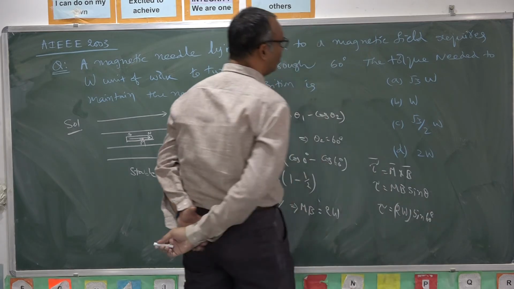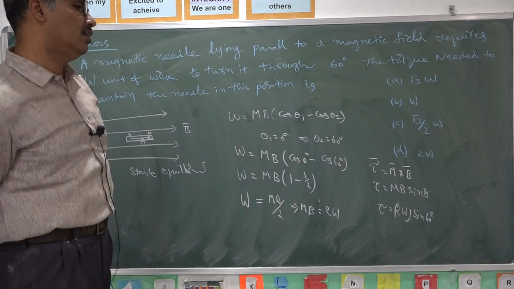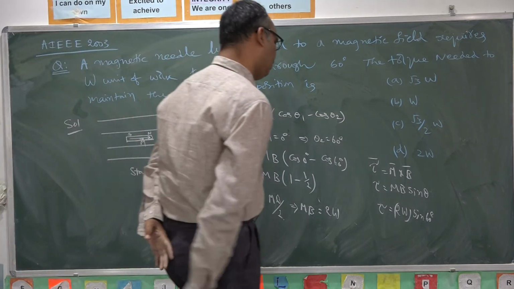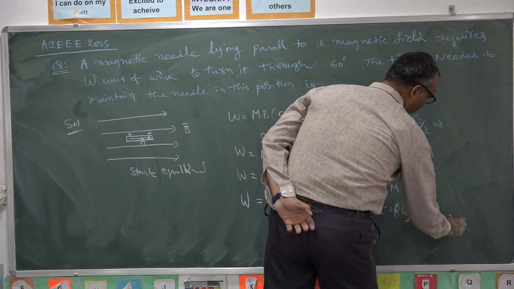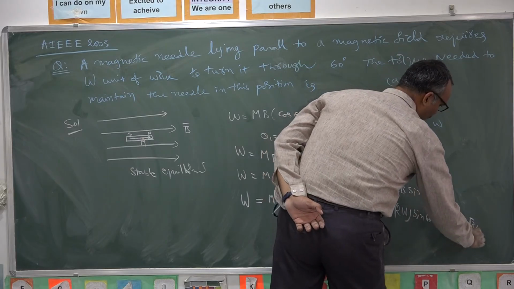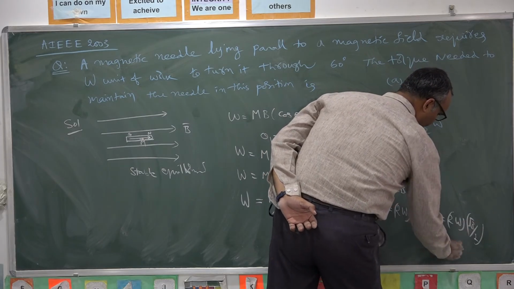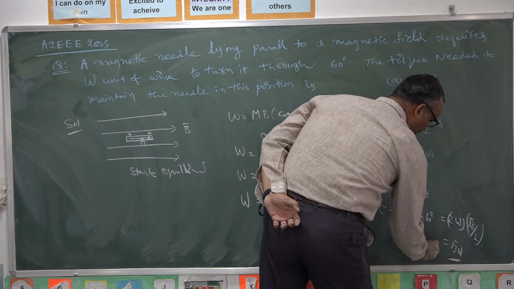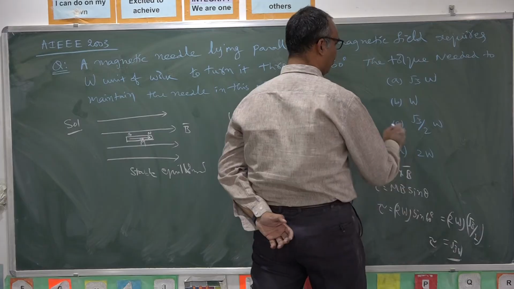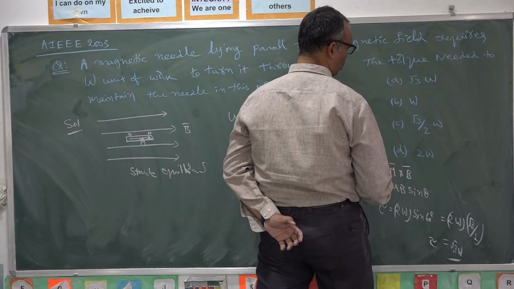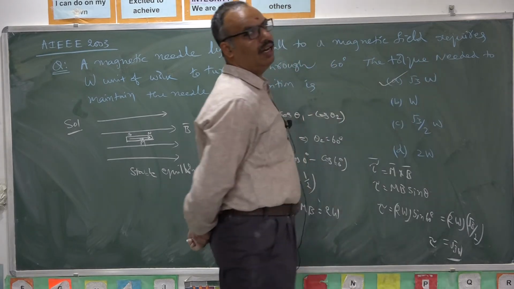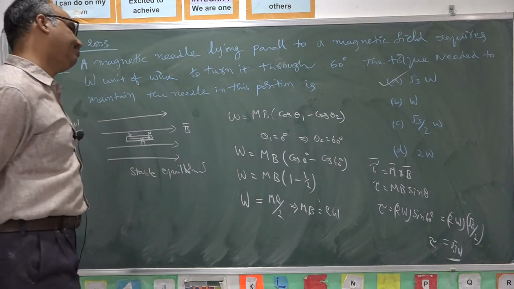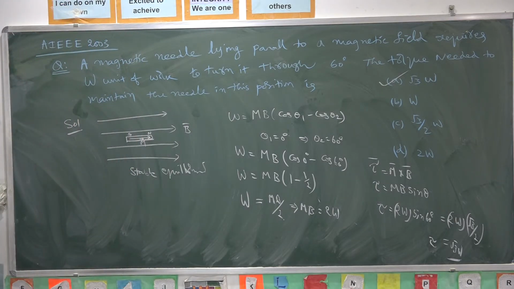It should be kept at 60 degrees angle. Sin 60 is root 3 by 2. So 2W into root 3 by 2, 2 gets cancelled. Root 3W is the torque required to keep the needle in the same position.